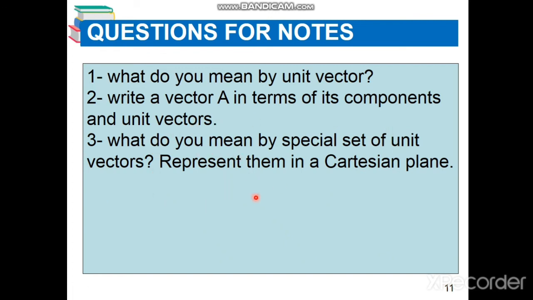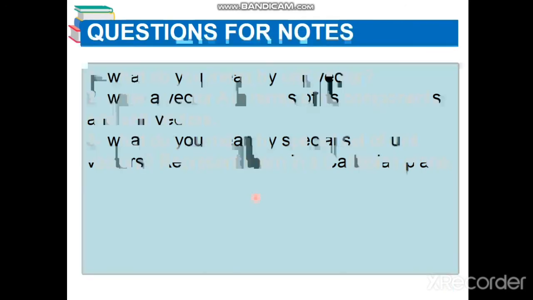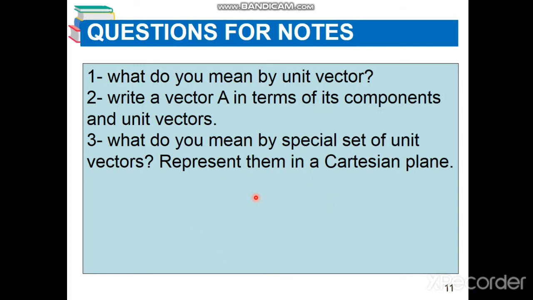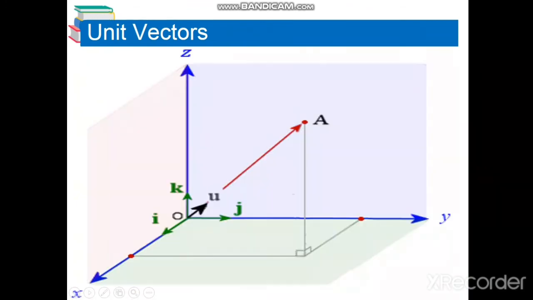What do you mean by special set of unit vectors? Special set of unit vectors means i, j and k. i is for x-axis, j is for y-axis and k is for z-axis. You can represent them in Cartesian plane, and it is clear in the lecture.